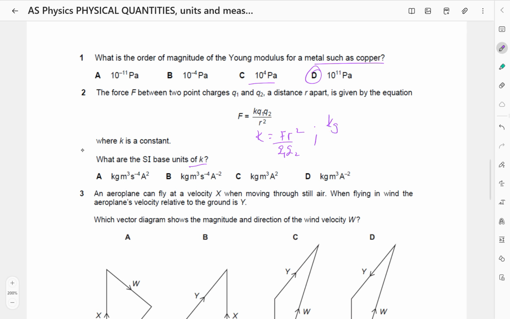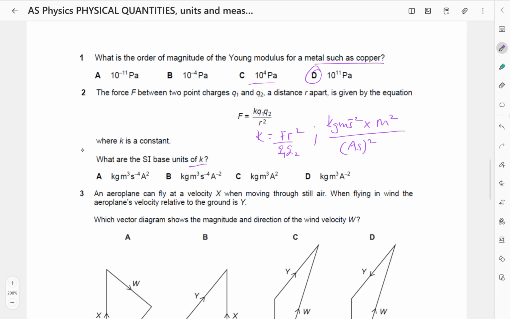F is kilogram meters per second squared because it's mass times acceleration. r squared is going to be meters squared because r is distance. And then charge, Q1, charge is ampere seconds, so it will be ampere seconds and this is squared.